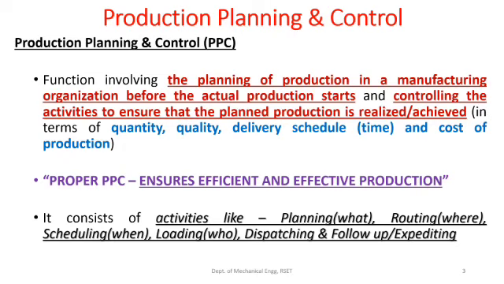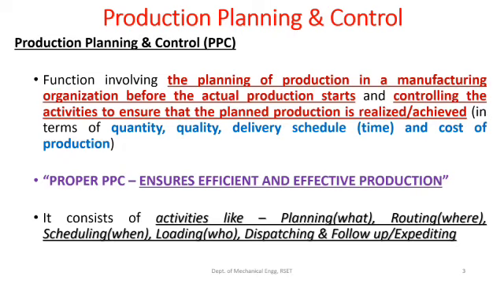So the function that involves planning of production in a manufacturing organization before the actual production starts, and controlling the activities to ensure that the planned production is achieved in terms of quantity, quality, delivery schedule, and cost of production, is referred to as production planning and control.